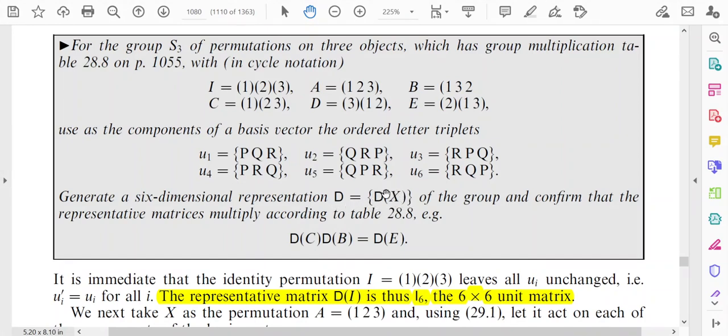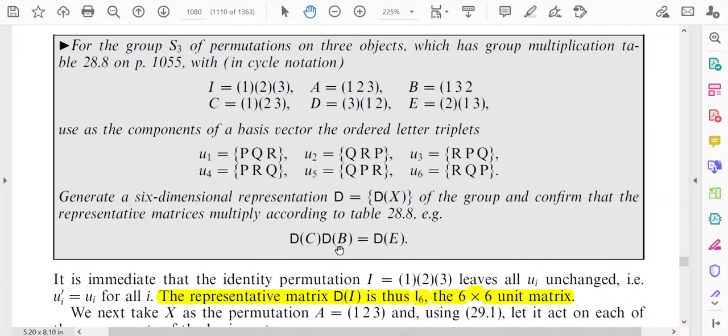This is known as the set of dx of the permutation group, and we should also confirm that the elements of the representative matrix follow the product rule. For example, suppose you take 2 elements, DC and DB, then the product of DC and DB will be DE. Why? Because as per the group multiplication table, C into B is equal to E. So the representative matrices should also follow the same type of product rules.